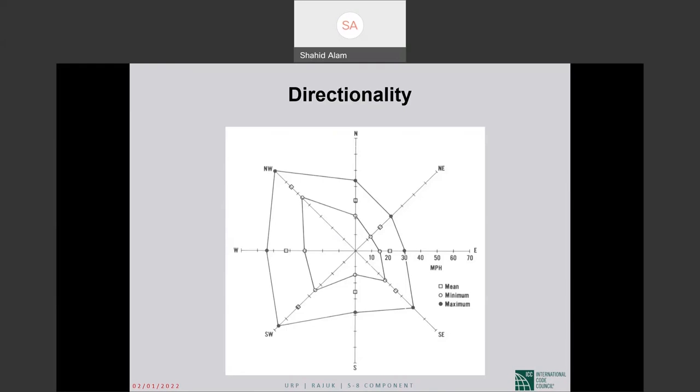So wind can be along the northwest direction instantaneously, but the very next instant the wind direction will have changed and it will no longer be along that most critical direction. So the directionality factor was devised to take this into account. It is 0.85 for all buildings. And this was introduced in ASC 7-98.